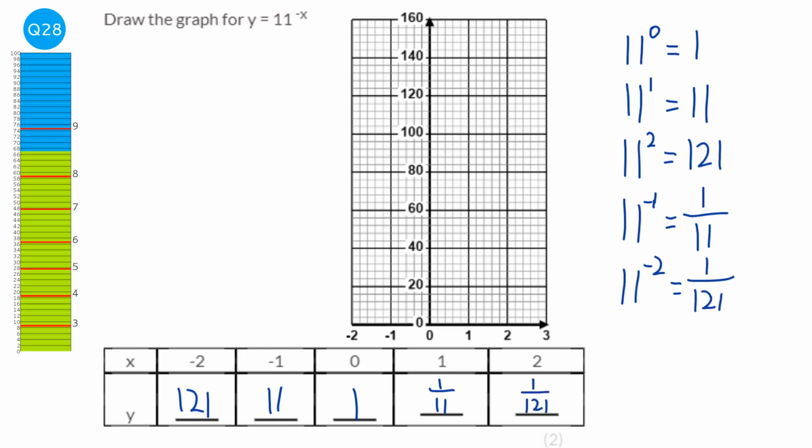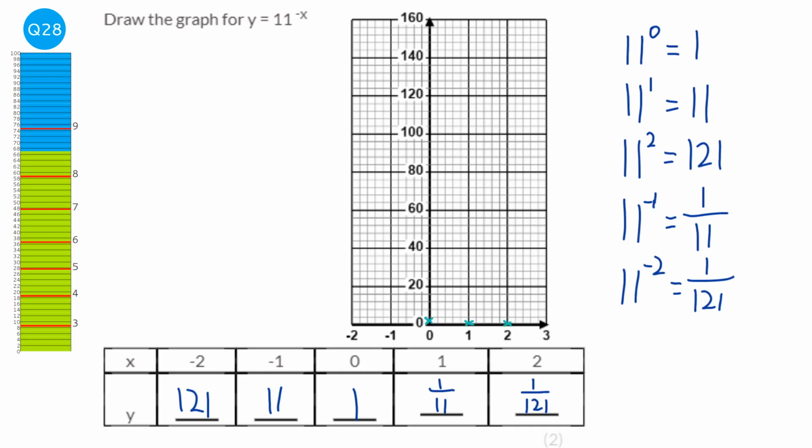So when we plot this, and this is not easy to plot, but all of these ones here are going to be really low down. And I might use a different colour just so they show up a bit more, but these are just going to be so low down. And this is the problem with plotting exponential graphs, is that they get very big and very small very quickly.